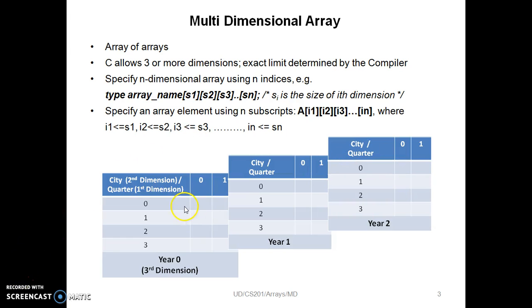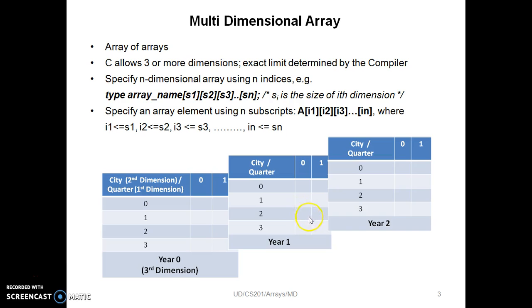Let's now have a practical example of a company who is maintaining its number of customers for the respective years, year 0, 1, 2, and within the year for respective quarters, quarter 0, 1, 2, 3, and for respective cities, city 0 and city 1.